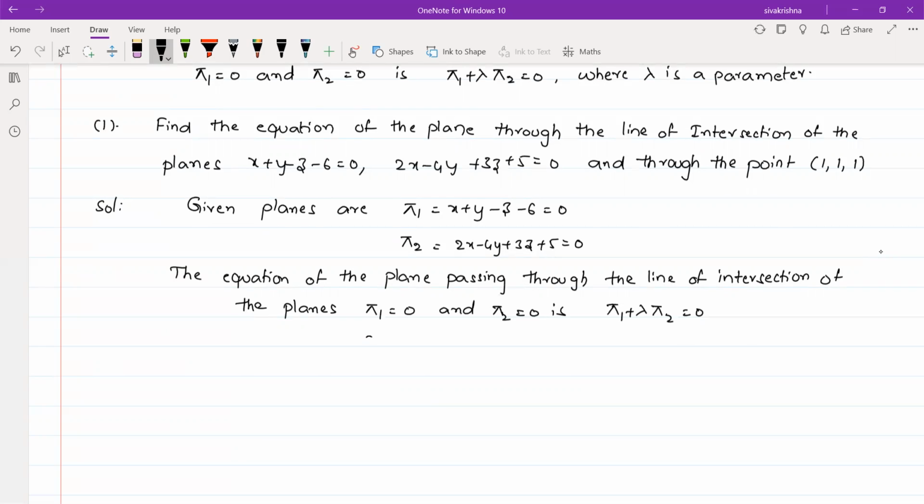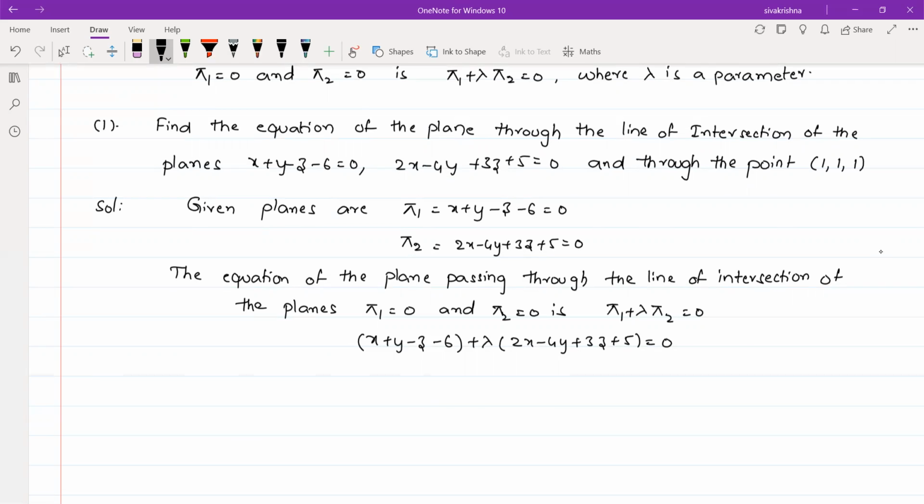Pi1 is x plus y minus z minus 6, plus lambda into pi2, which is 2x minus 4y plus 3z plus 5, is equal to 0. This is the equation of the plane passing through the intersection of the given planes.